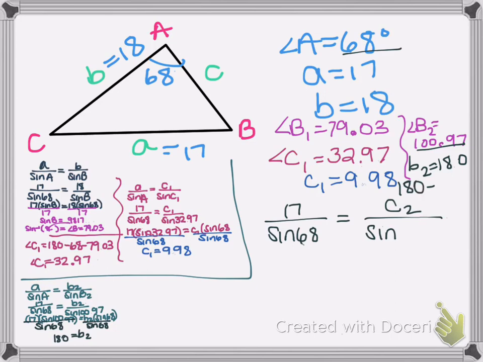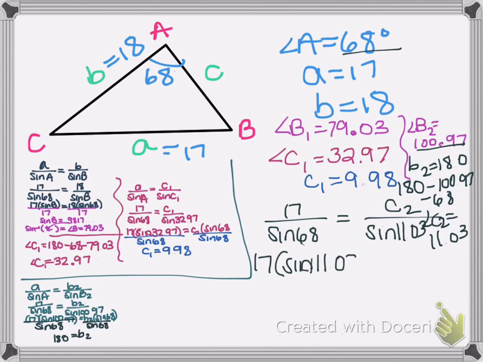So 180 minus 100.97 minus 68, and I get 11.03. And then I cross multiply and divide.